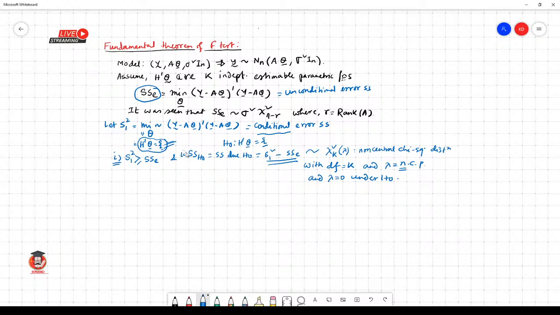This is the second part which we want to prove, and the third part: SS under H naught by k, divided by SSE by n minus r, follows a non-central F distribution with degrees of freedom k, n minus r.